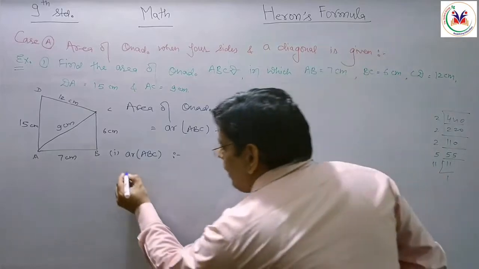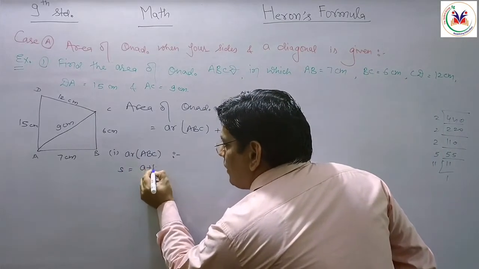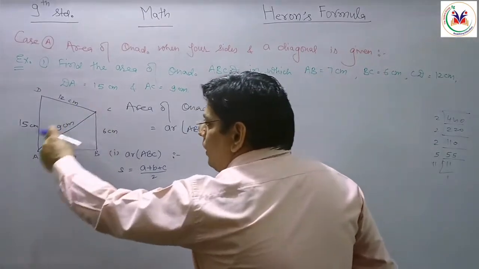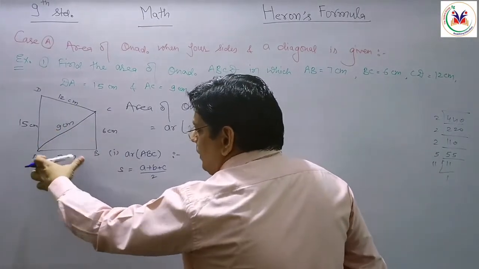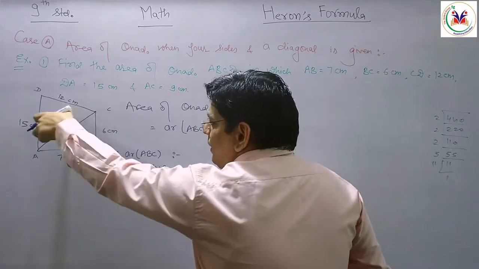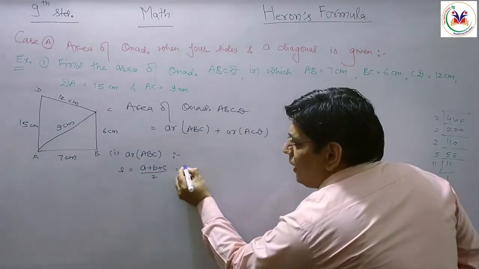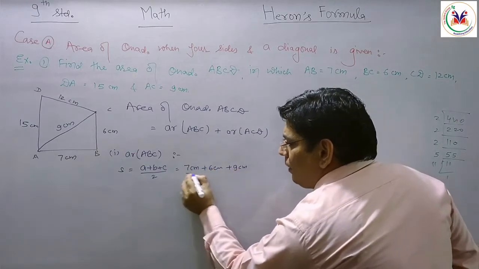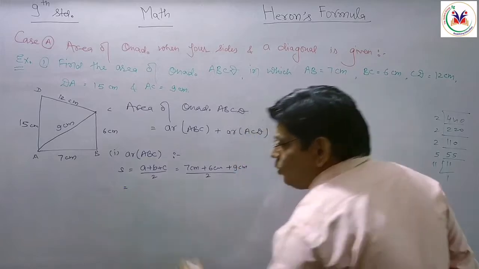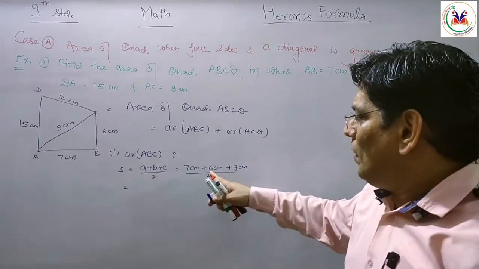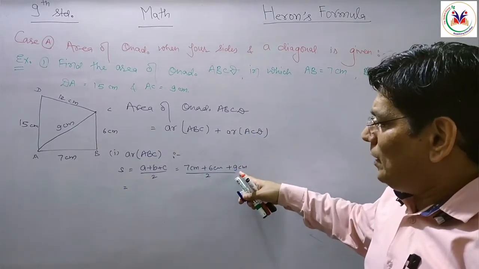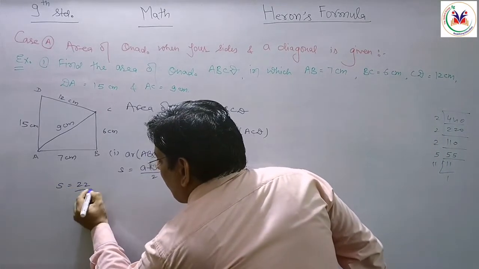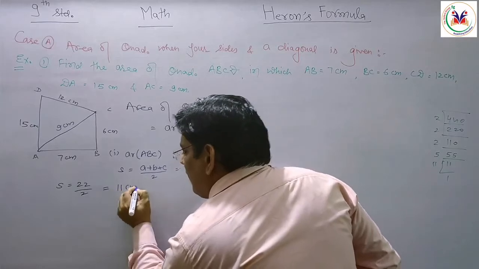Using Heron's formula, our semi-perimeter will be S equals A plus B plus C divided by 2. For ABC, the sides are 7, 6 and 9. So 7 centimeter, 6 centimeter and 9 centimeter divided by 2. 7 plus 6 is 13, plus 9 is 22. So S equals 22 divided by 2, that means 11 centimeter.